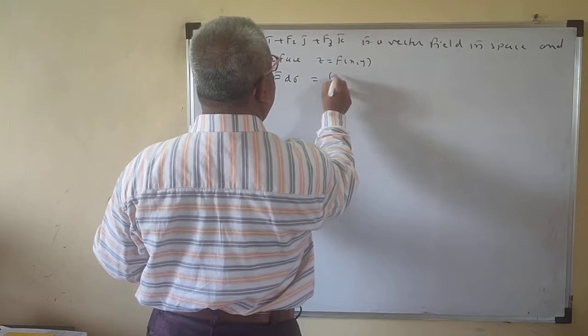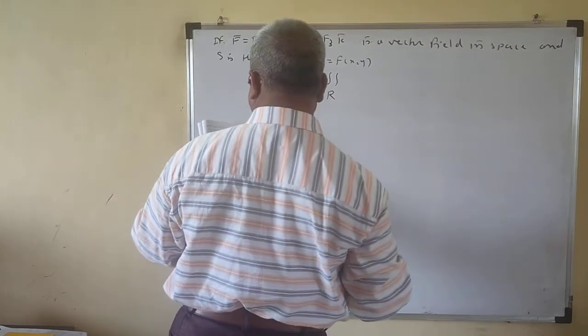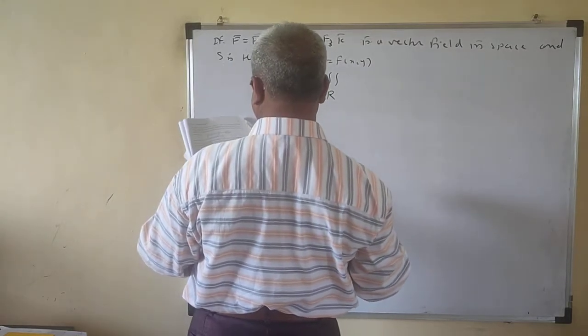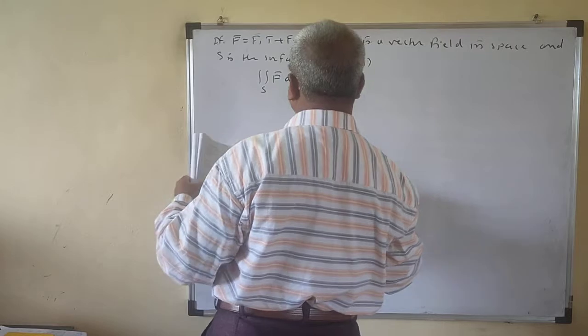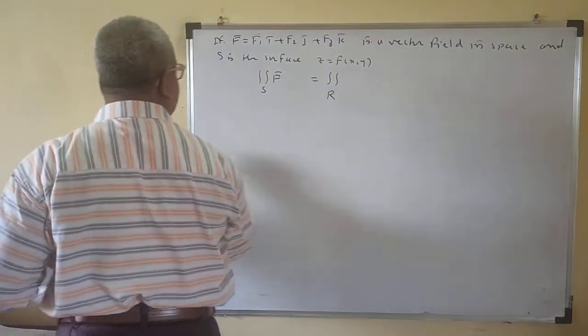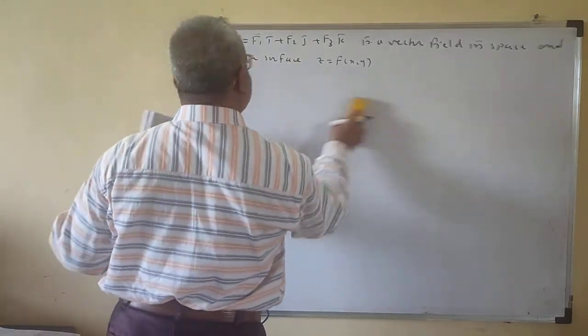is equal to double integral over R of f bar dot, okay, we'll write this only.